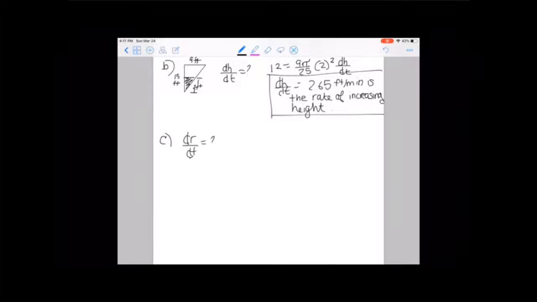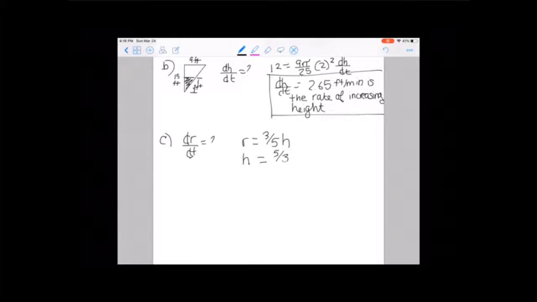And we know that from our proportion from part A that r equals 3/5 h. And the reason we use that is to isolate the variable in terms of h. Since we're trying to find the rate of the radius r, we simply have to take the reciprocal, which is h equals 5 over 3 times r.